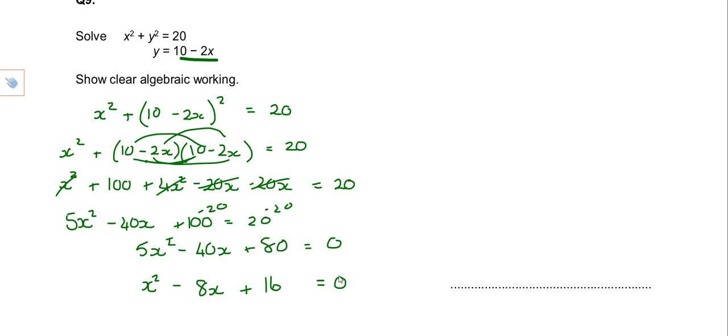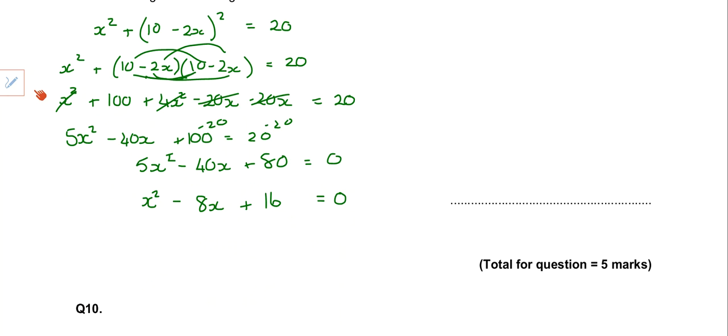So I've just made it a bit simpler, that's all. But we end up with the same idea at the end. It's probably a little bit easier to factorise this one.